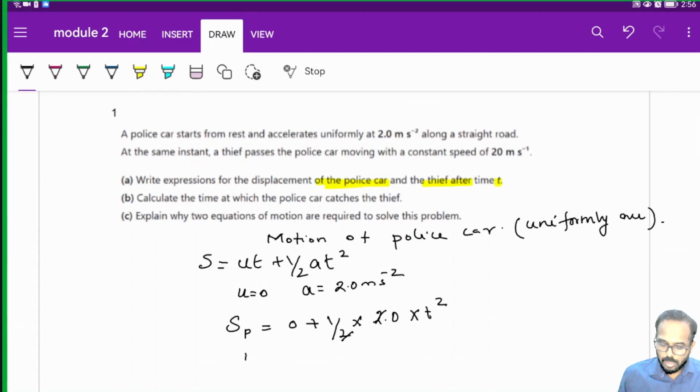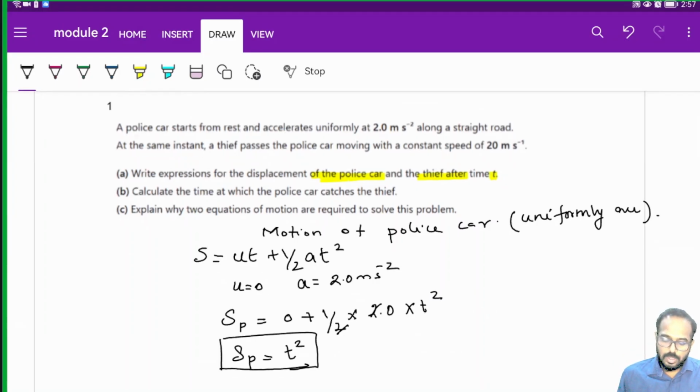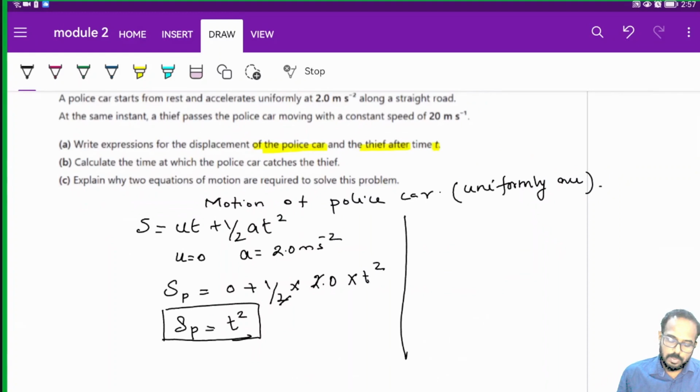So SP is equal to t square. So this is the expression for the displacement of the police car, right? At any time, if you substitute the time, you will get the displacement. Clear?